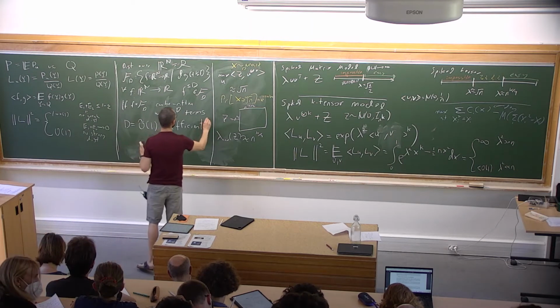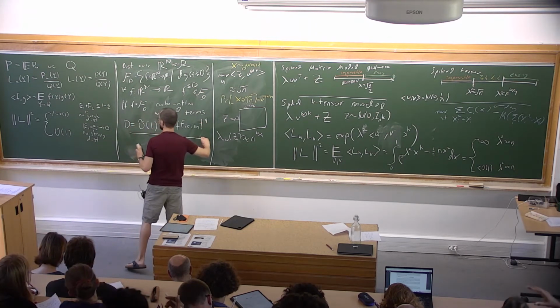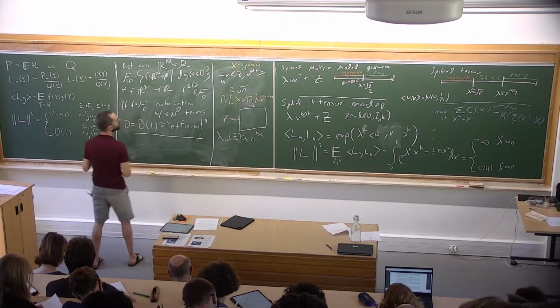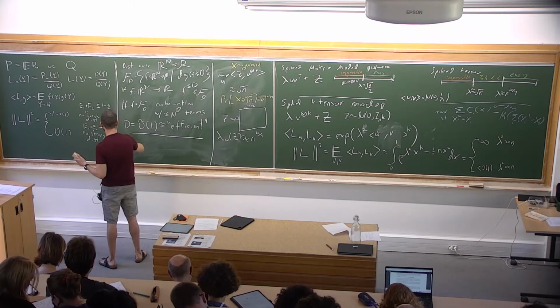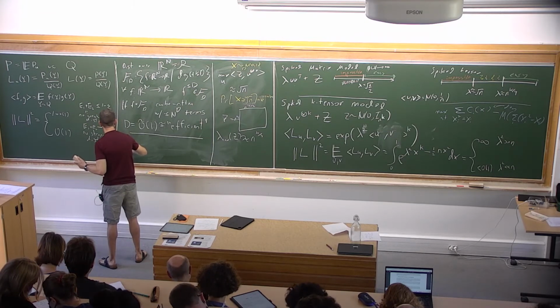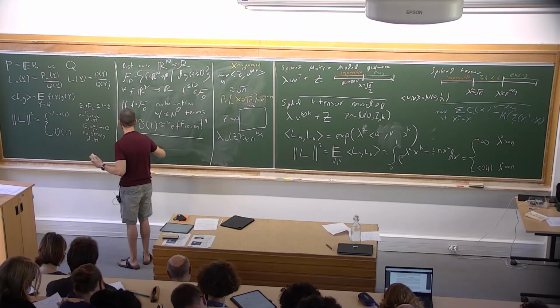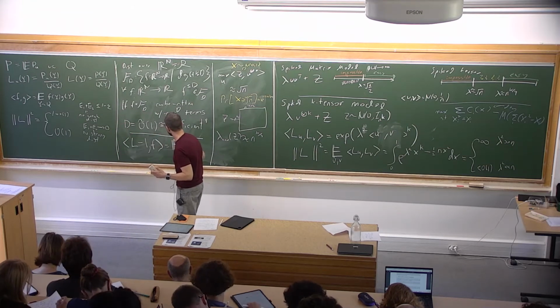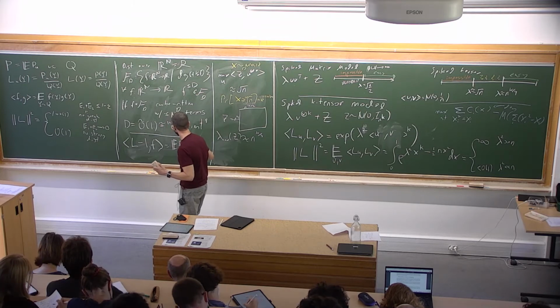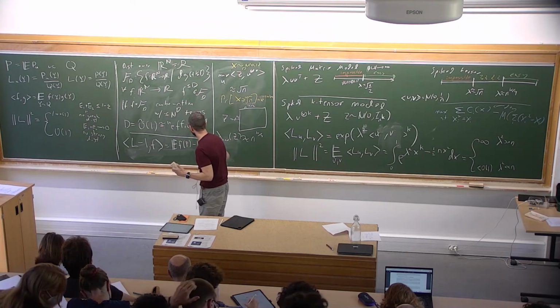So then we can do the same type of calculation. If f is a low degree polynomial, then for every f, <L minus 1, f> is the expectation of f under p minus the expectation of f under q.